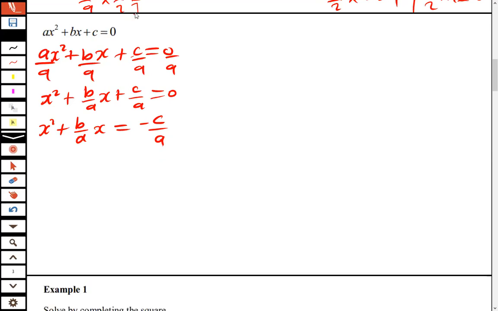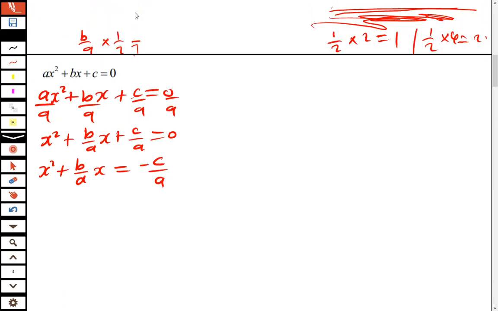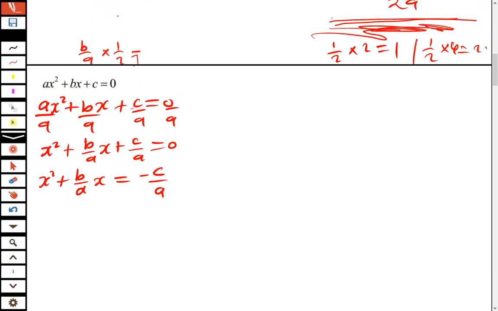Let me just write it properly. This will simply give me b over 2a. So this is what I'll write there.